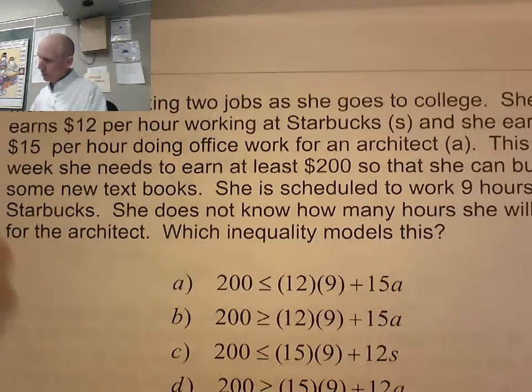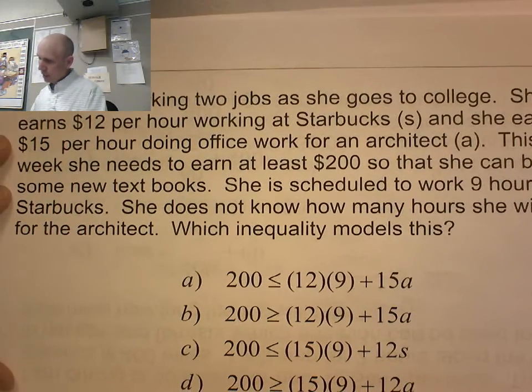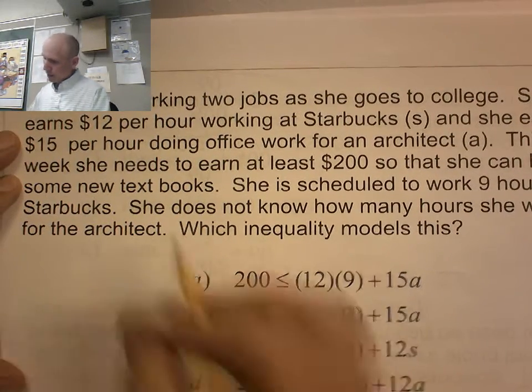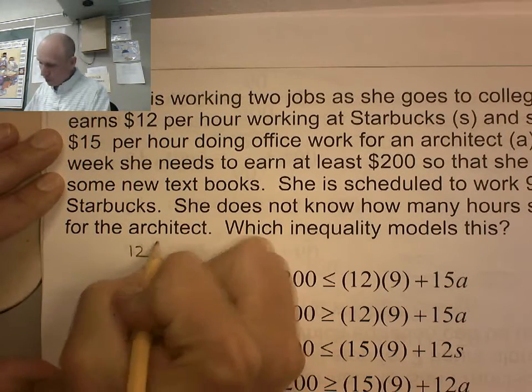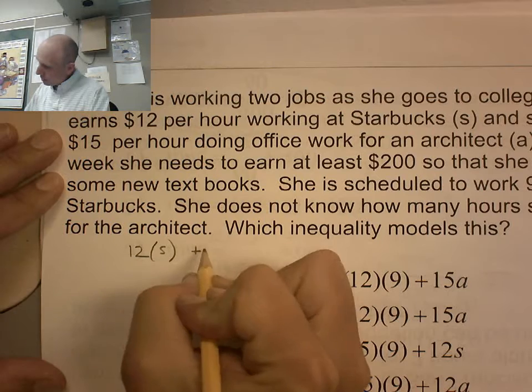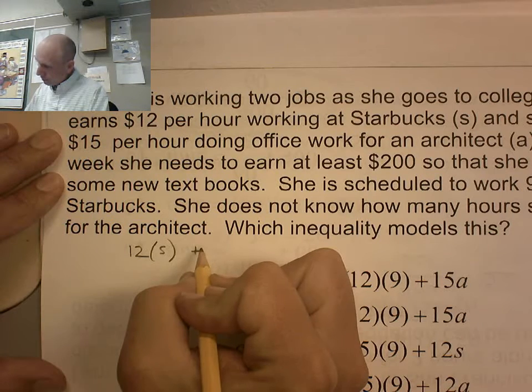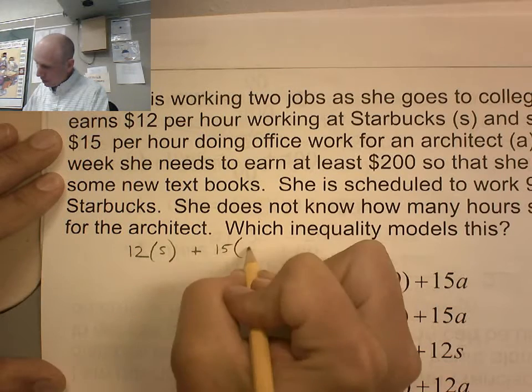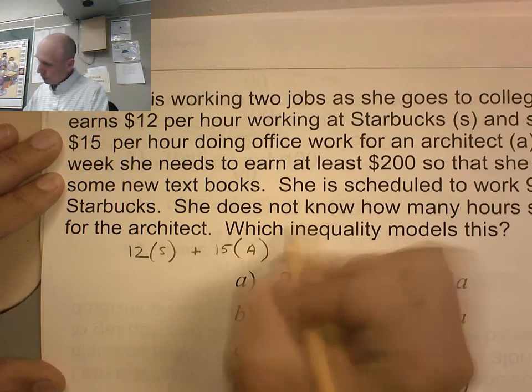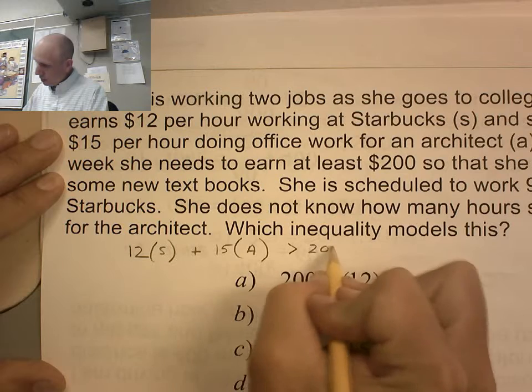Looking at 8 now. Madison is working 2 jobs. She goes to college, earns $12 an hour at Starbucks, plus $15 an hour at an architect. She wants to earn at least $200.